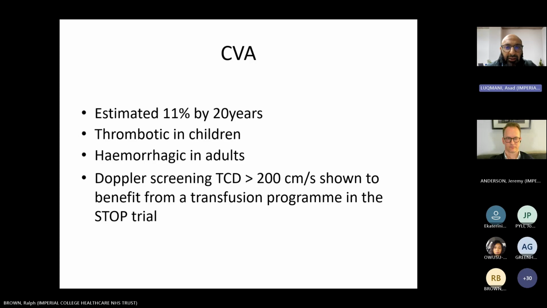And hence, there is a national screening program to pick up patients at higher risk of strokes via the transcranial Doppler screening, and patients identified at high risk started on some form of transfusion program, for which there was evidence from the STOP clinical trial. Next slide.